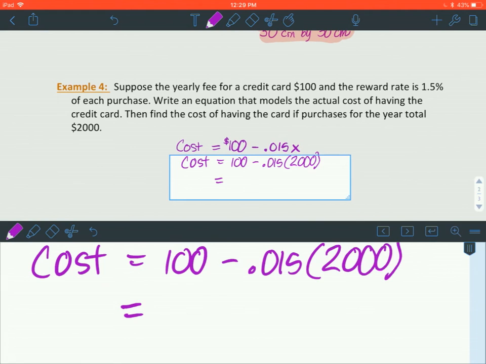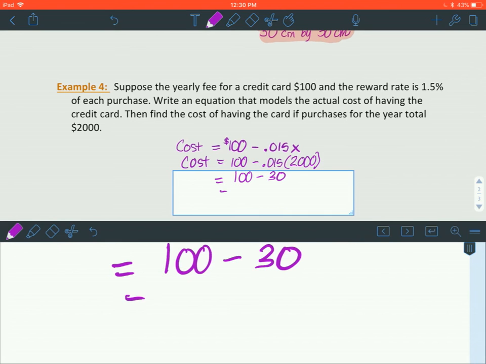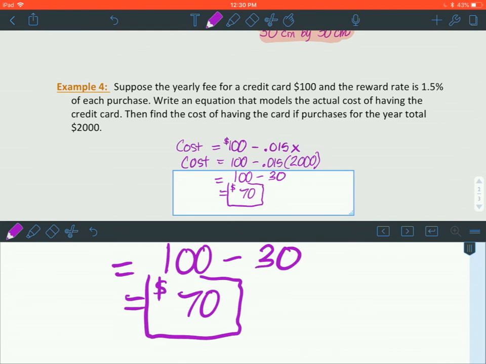If you actually multiply that together, oh, I don't have a calculator handy. That's 30. So you're going to end up with, even if you charge $2,000 on this credit card, you're still having a cost of $70 to have it in the first place.